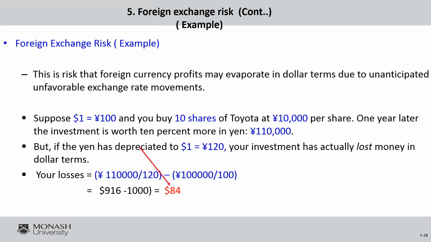Let me give you this example. It's a very easy example. Say you are an American bank and you are investing in Japan, so the rate was $1 equals 100 yen.